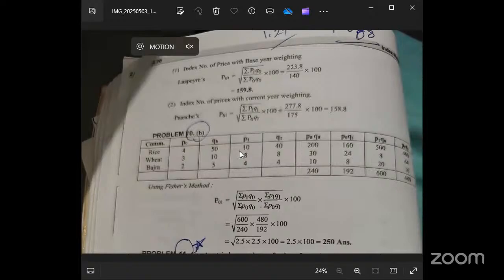See here, in this problem they have applied Paasche method and Laspeyres method.